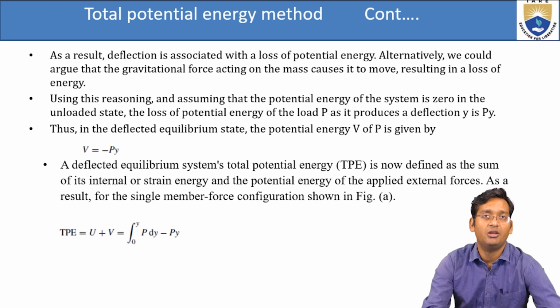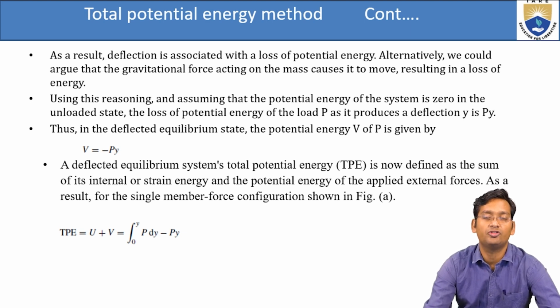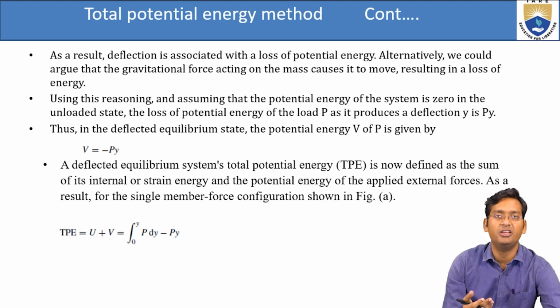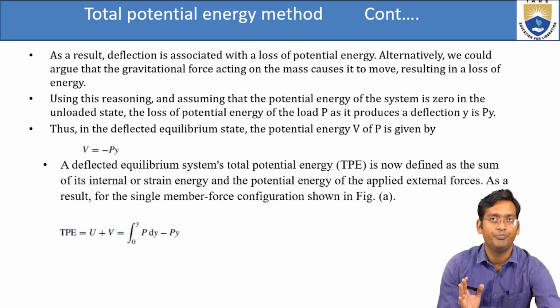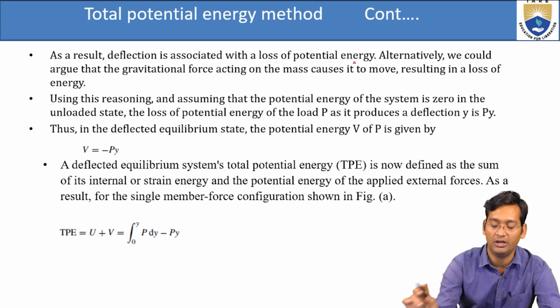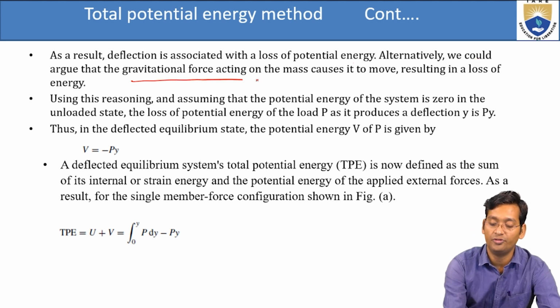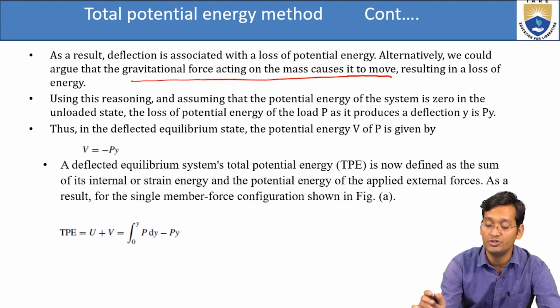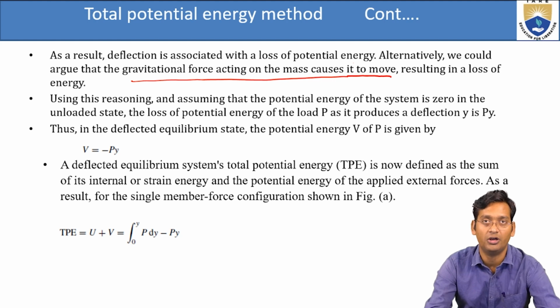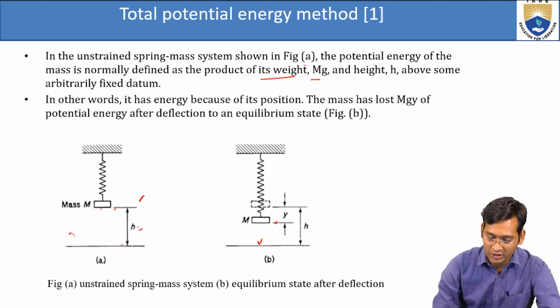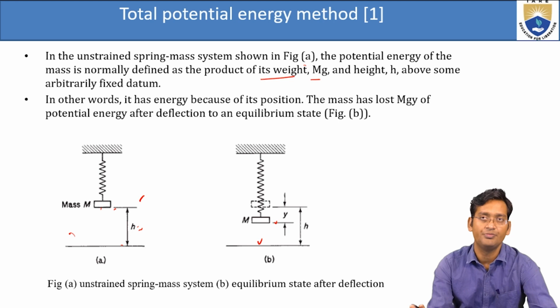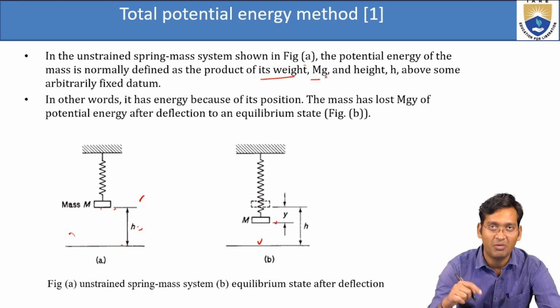So as a result, what happened? Deflection is associated with a loss of potential energy. Once deflection is there, a loss is there, a loss in potential energy. Alternatively, we could argue that the gravitational force acting on the mass causes it to move, resulting in a loss of energy. Now what happened in this figure? We have the mass, and g also is there, so the mass becomes weight.